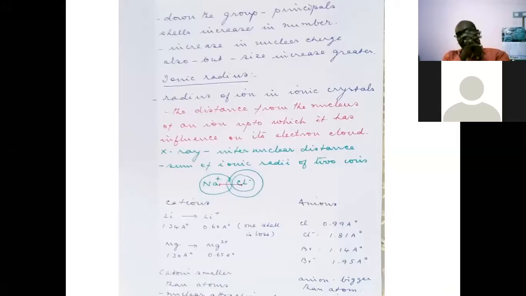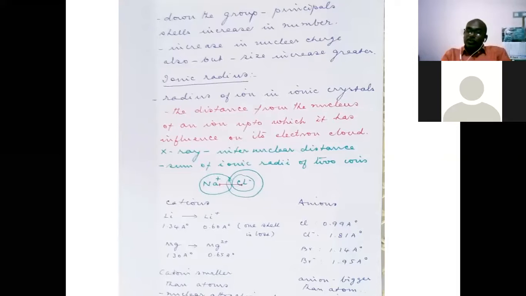And here also, using X-ray studies, you can find out the internuclear distance. This internuclear distance is taken as the sum of the ionic radii of two ions touching each other in the ionic crystal. If you take a sodium chloride ionic crystal, you cannot simply measure half the distance as we calculated for the covalent radius or the van der Waals radius.